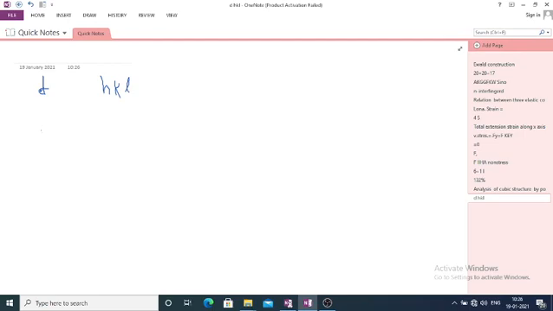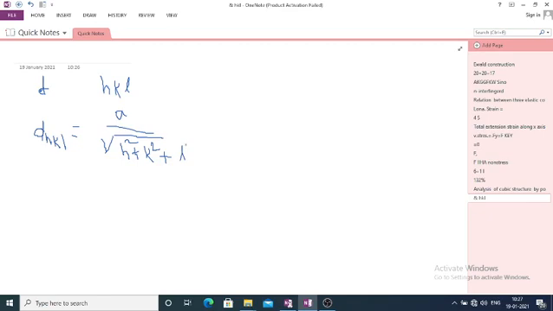Then we get the equation, which we have already studied: d_hkl is equal to a divided by square root of h square plus k square plus l square.